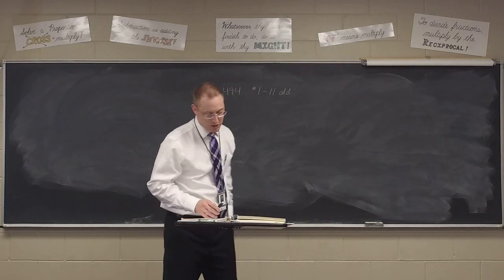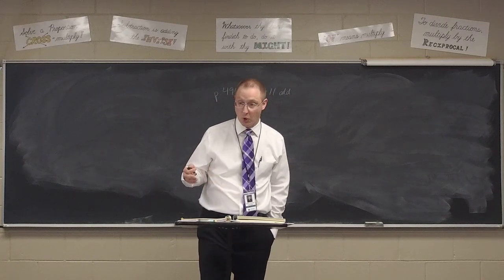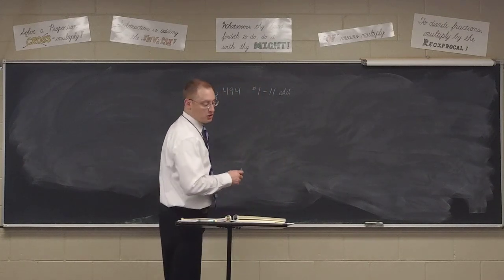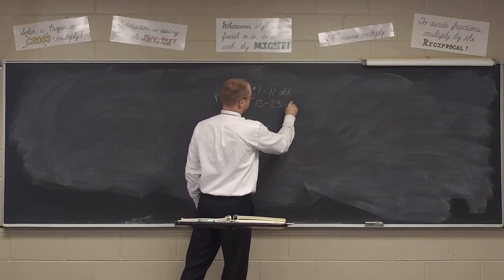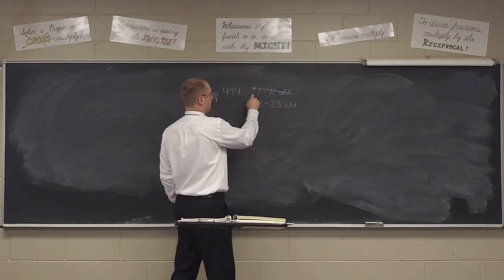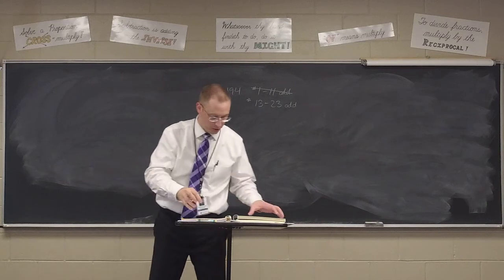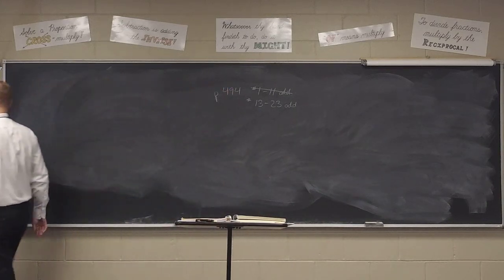Now let's practice with the double distribution, or FOIL, as we do 13 to 23, the odd. Let's review over the FOIL or the double distribution.